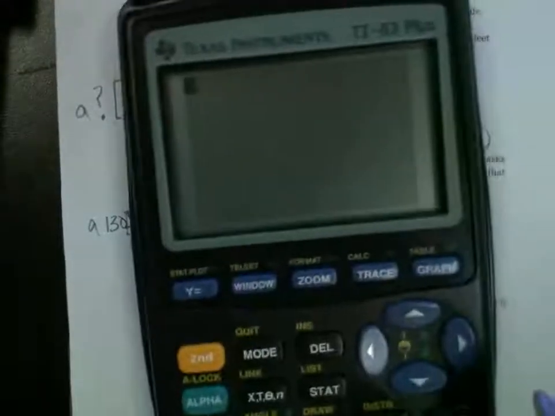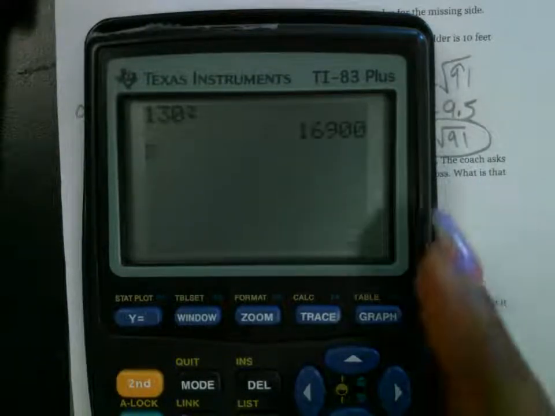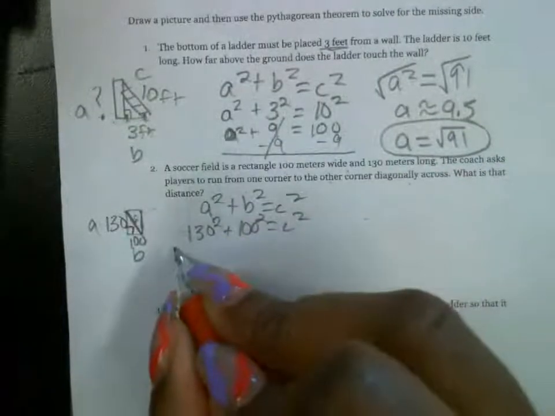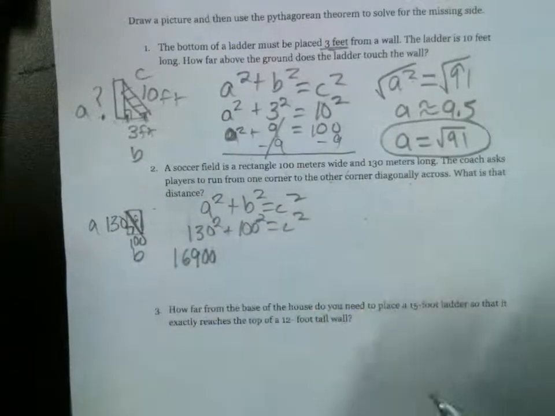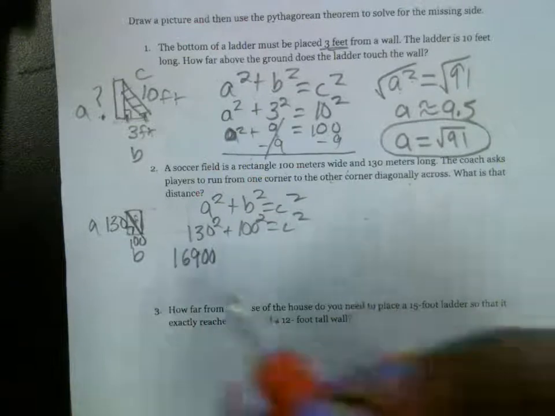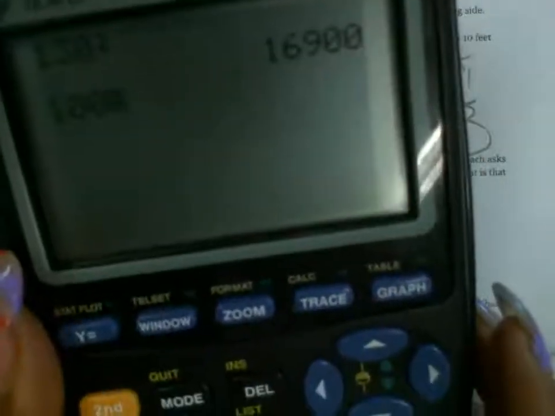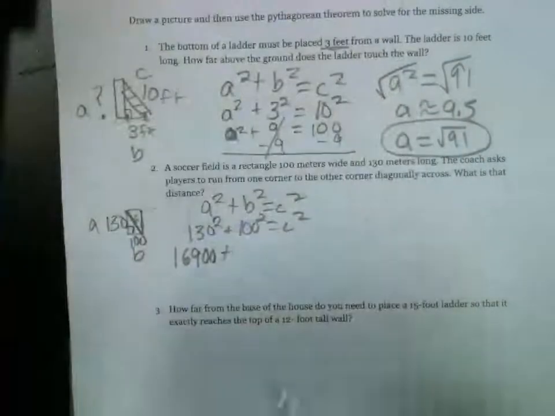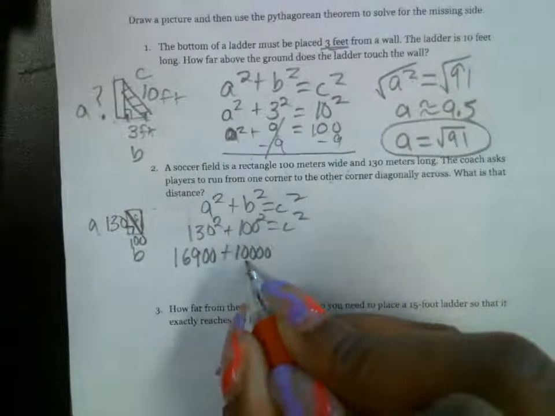So now I'm going to do 130 squared. And that's going to be 16,900. Okay. 16,900 plus you got 100 squared. It's 4 zeros. 1, 2, 3, 4. So that's 10,000.